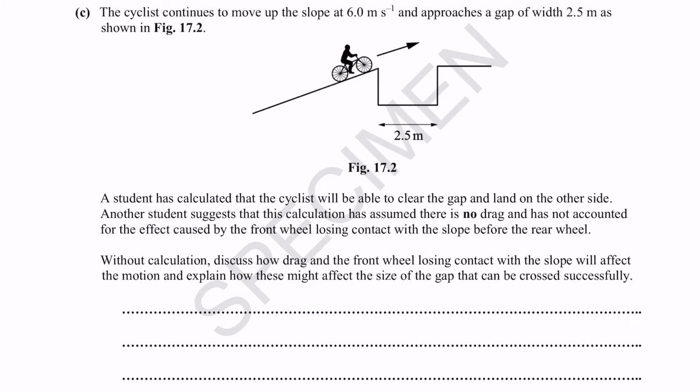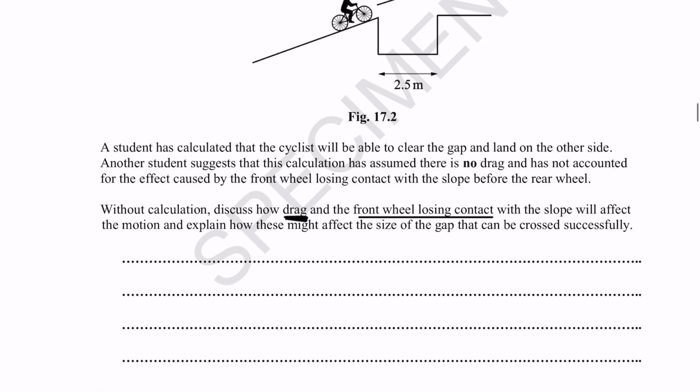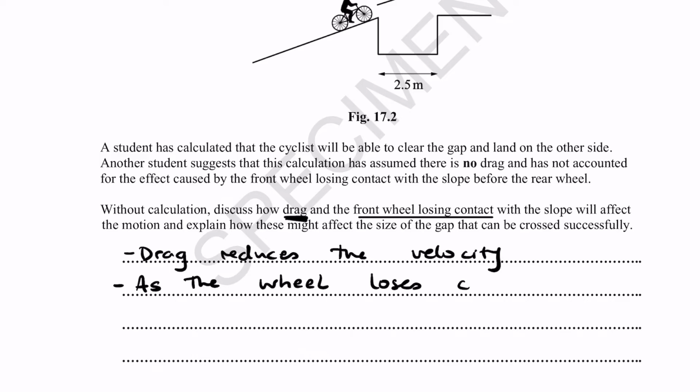So when it comes to drag, if we now consider drag, the drag will reduce the velocity, number one, or it would increase the time. And number two, if the front wheel loses contact with the slope, the bike will have some torque, causing some moment, a rotational effect on it.